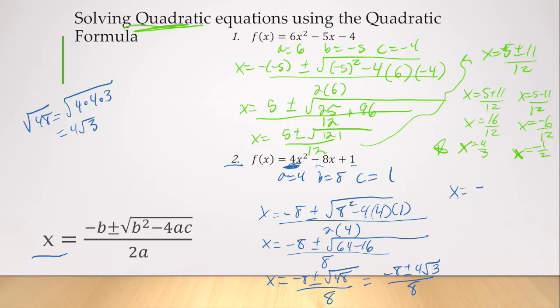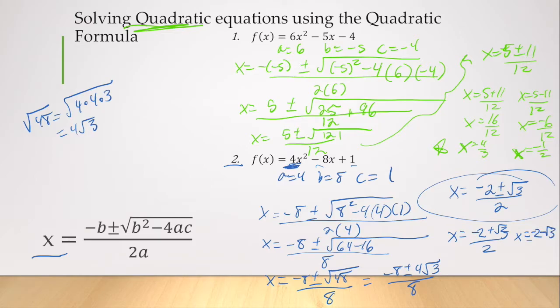So x equals negative 2 plus or minus the square root of 3 over 2. They are my two x-intercepts. And if I want to separate those so I can see a little more clearly, I can. But they are both present in the first way.